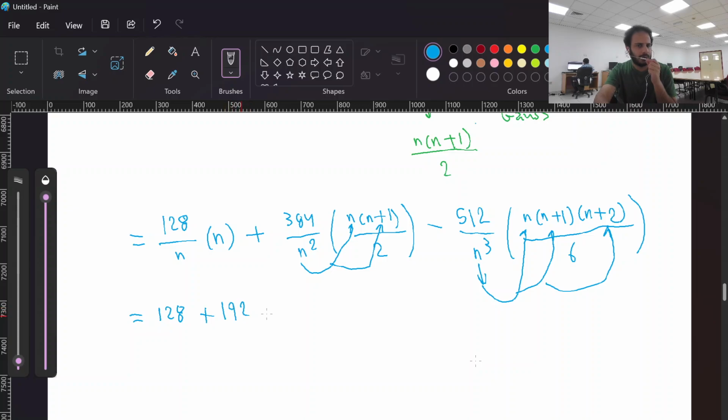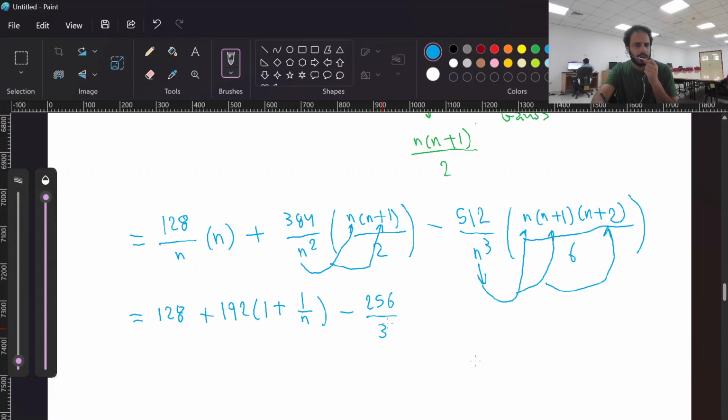192 times now the n's. n divided by n is 1. Then n plus 1 divided by n is 1 plus 1 over n. Minus, now 512 over 6 is 256 over 3. Now the n's. Give one factor of n for each of these.